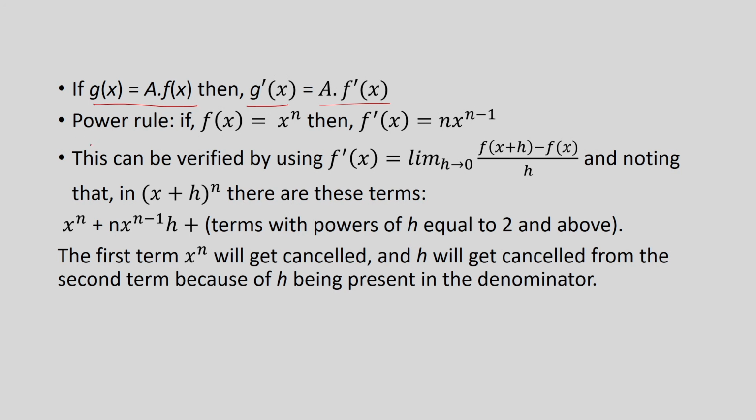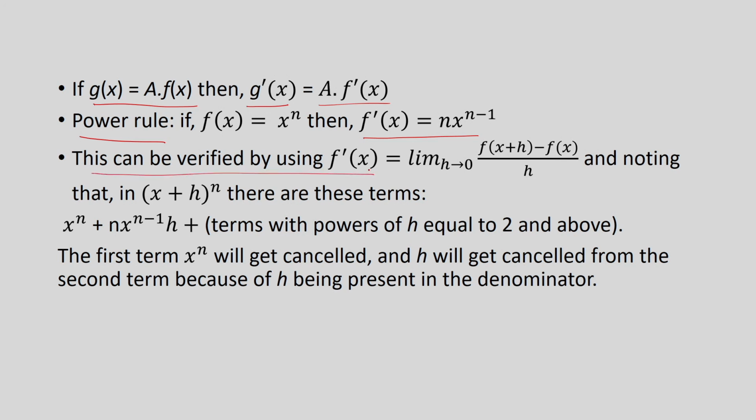Okay, now, another important rule, which is called the power rule. So, suppose you have f(x) is equal to x to the power n, right. Then what about f dashed of x? And this is given by n multiplied by x to the power n minus 1. And what is the proof of this?